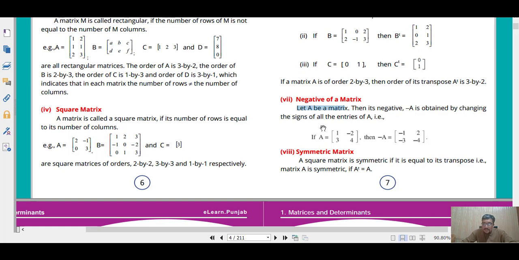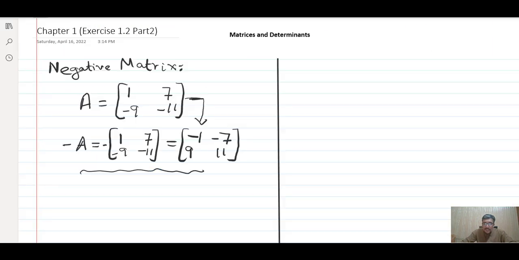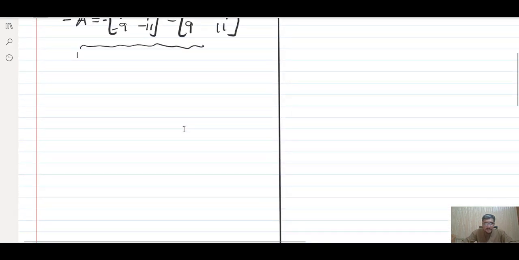Our question number 4 is related to the negative of a matrix. Then in question number 5, we have the concept of transpose, so before starting the question, we also take the concept of transpose. What is transpose? In transpose, we change the rows into columns or columns into rows.